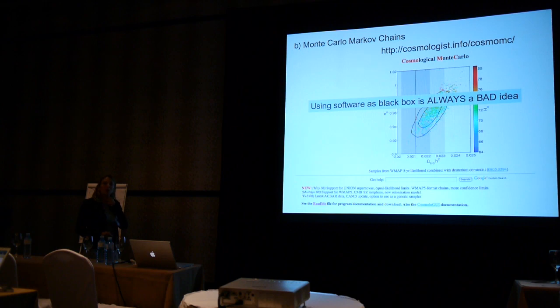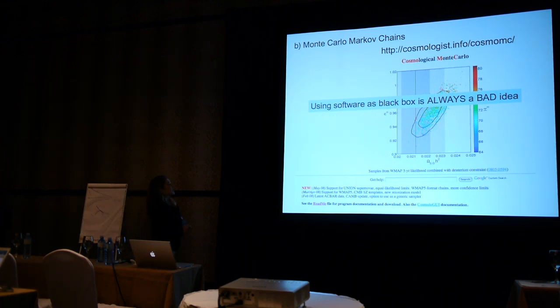Okay, for cosmology, there is an extremely useful software that is publicly available that is called CosmoMC, which is Cosmological Monte Carlo. You can go on the web, download it, install it, and it comes with all the dependencies of all the possible data sets you can think of, and it's relatively easy to add your own and modify.